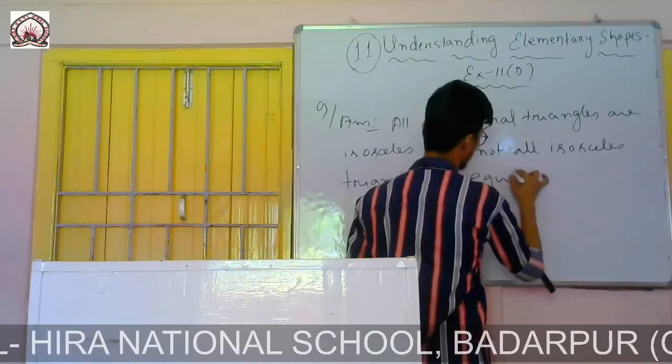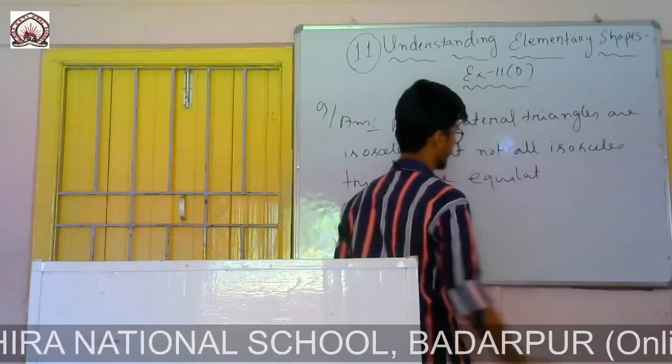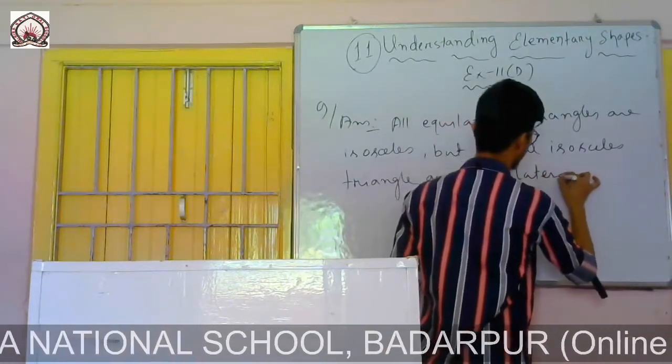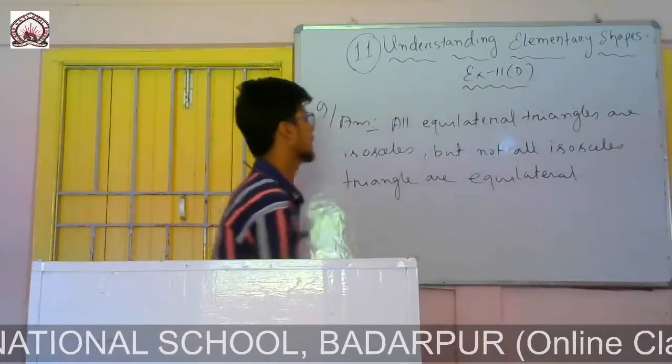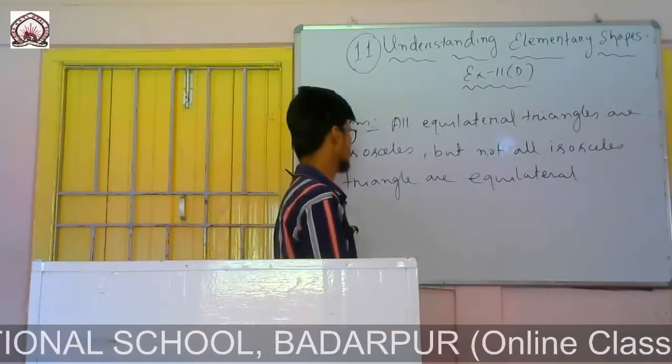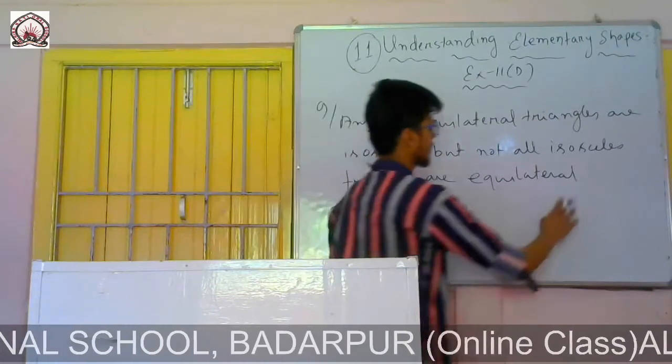So it is given in the question. All equilateral triangles are isosceles, but not all isosceles triangles are equilateral. So we'll write the reason.